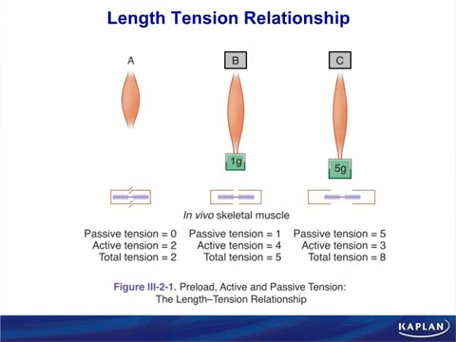So again, B on the graph is B on this picture where we put 1 gram preload, load on the muscle before it contracts, and it stretched the muscle out. On the graph, we're just graphing the quantity of the passive tension, which in this example is 1 gram.